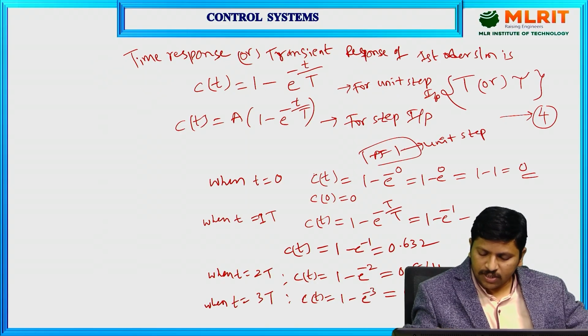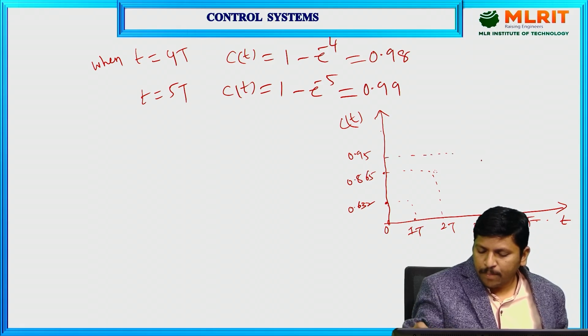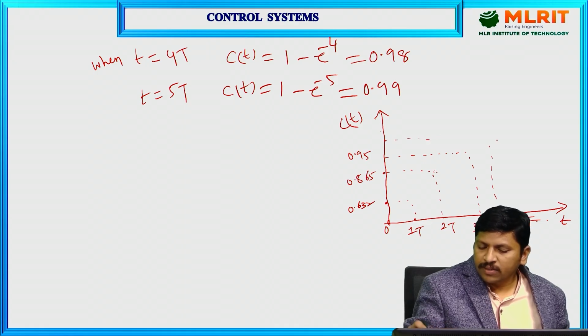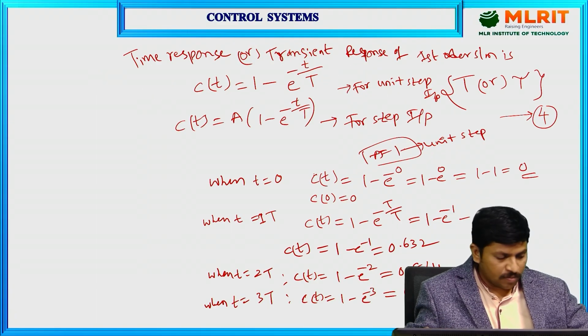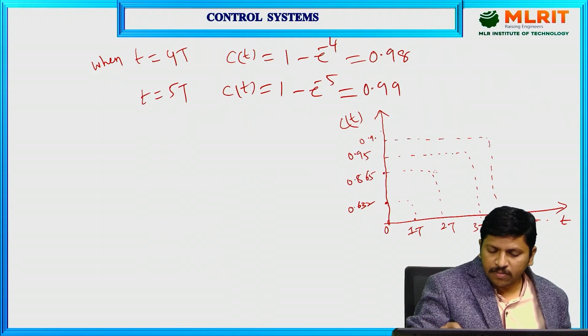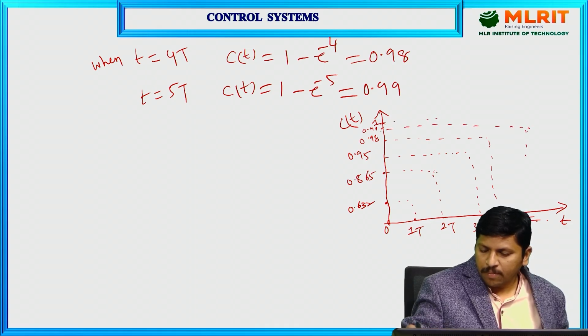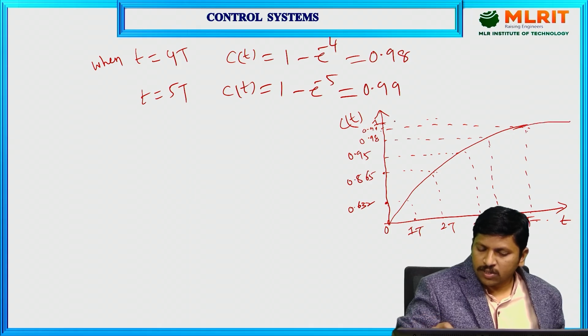This one, 3T, is 0.95, and 4T is 0.98, and the last, 5T, is 0.99, that is approximately 1. So here is 1. This is my output.